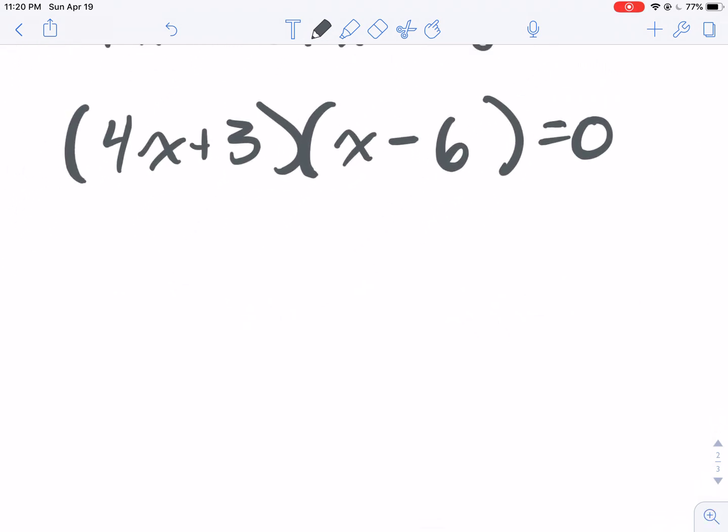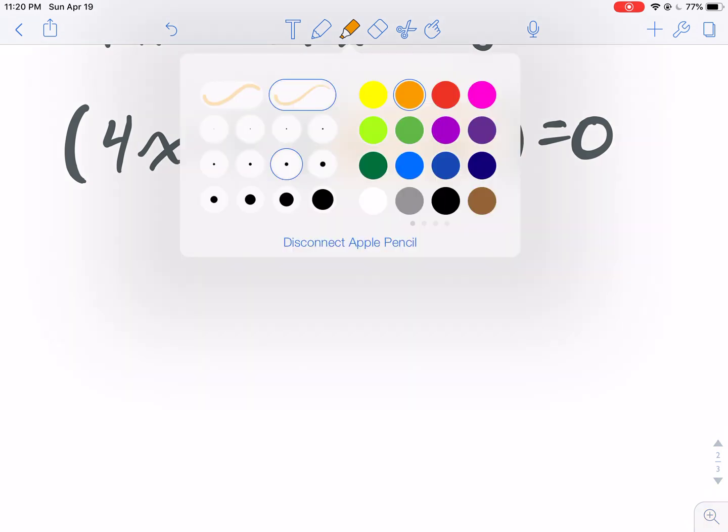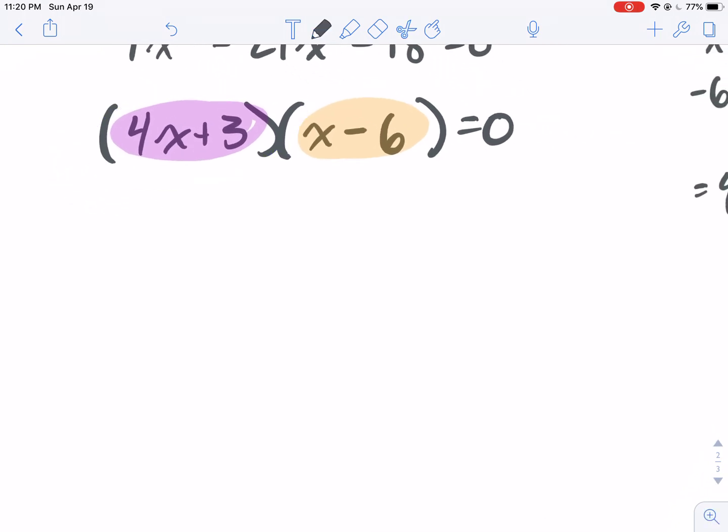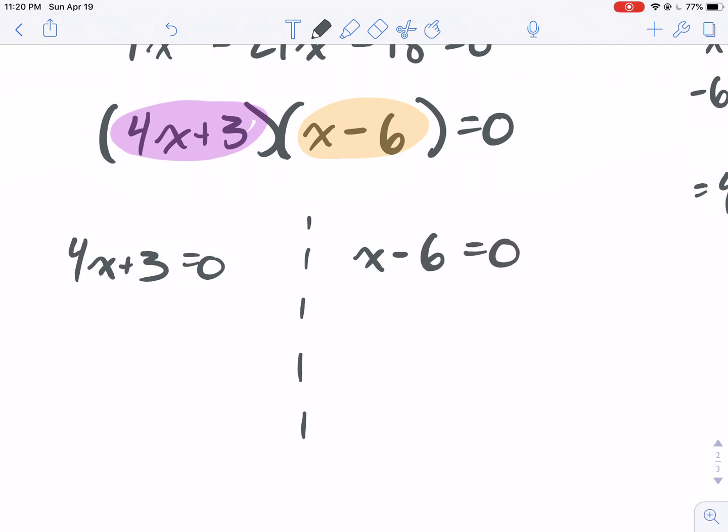Now we've got it into our factored form. Awesome. We can split it up and solve. So if we know that these two factors multiplied together equal 0, then either 4x plus 3 must equal 0, or x minus 6 equals 0. Well, let's solve it.